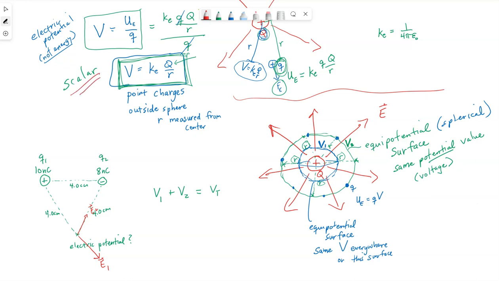But because potential is a scalar, we simply plug in numbers. So we mean KQ over R, this equation for a point charge, plus KQ over R for the second charge. And this will give us the total electric potential.